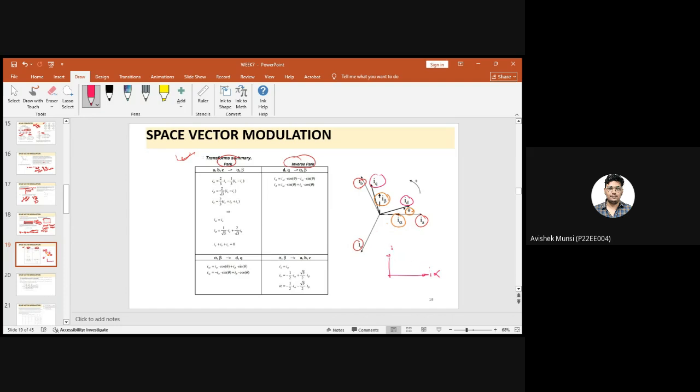This is I alpha, I beta, and we just rotate it by an angle theta, and it will give you the dq component. So that is what the Park and inverse Park transformation is. Okay. So try to note this because it will help.